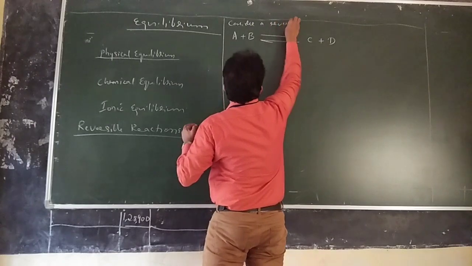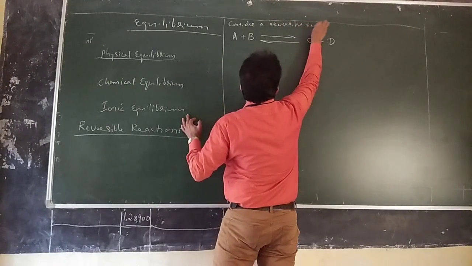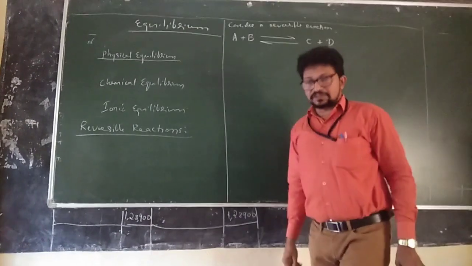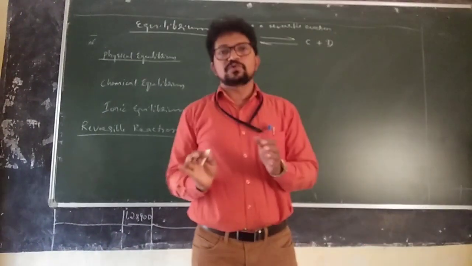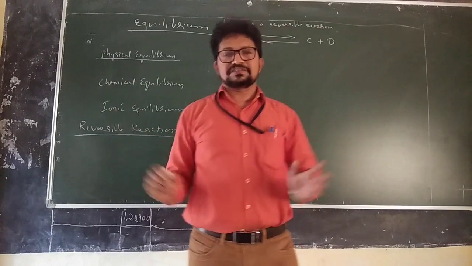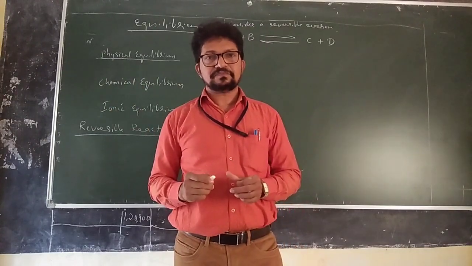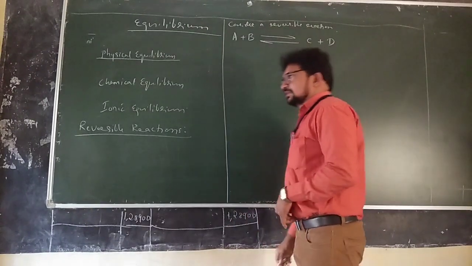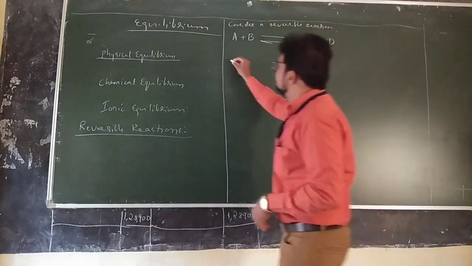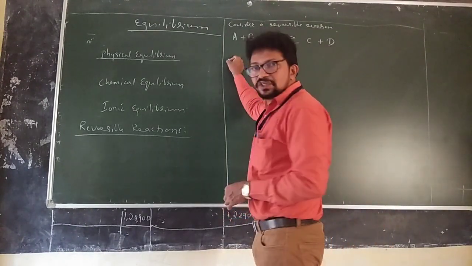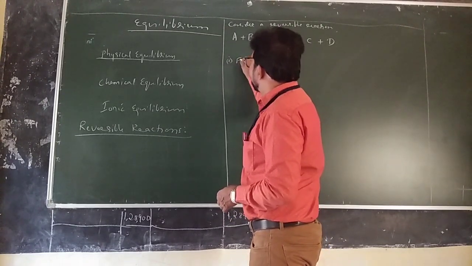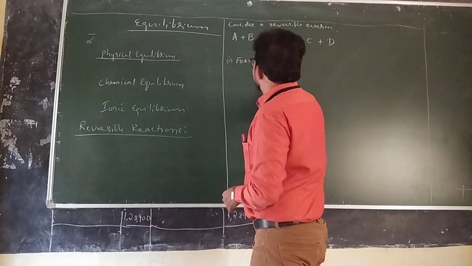Consider a reversible reaction. Equilibrium is possible only in a reversible reaction. This is the first point. What is equilibrium? Let me classify the two reactions. What is forward reaction?